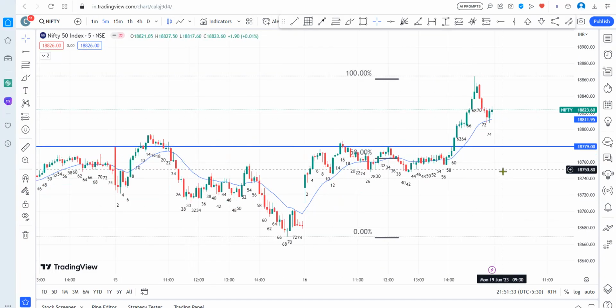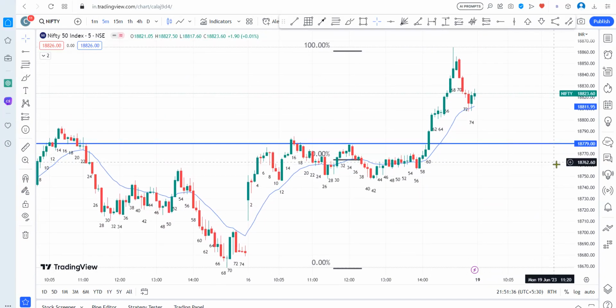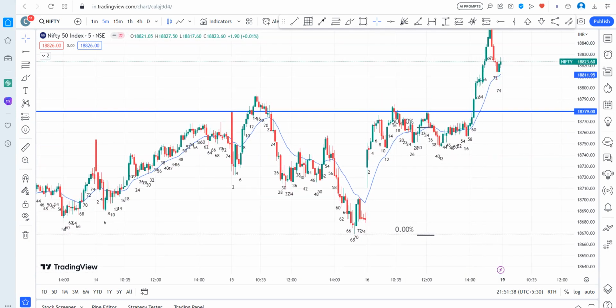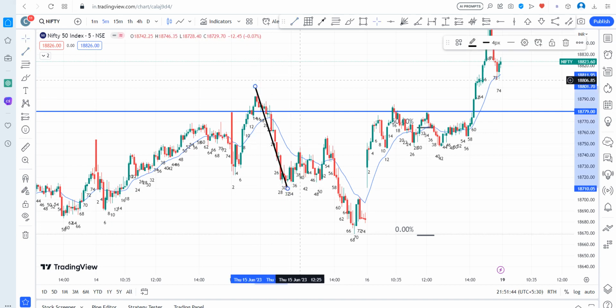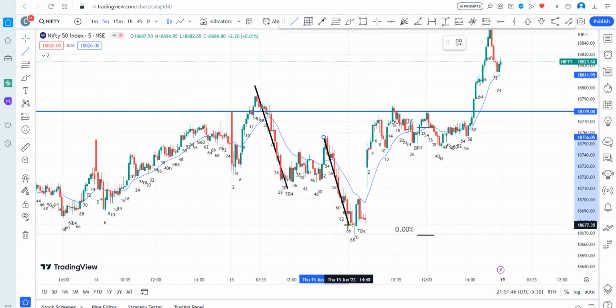This is the 5 minute chart. Yesterday this move was faded by sellers, first move, then second move.